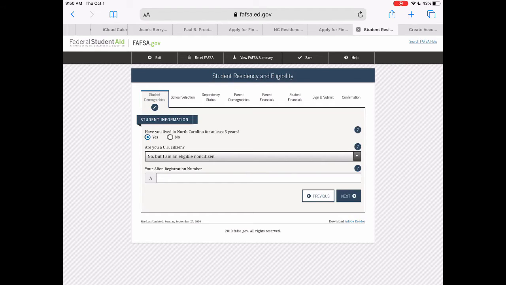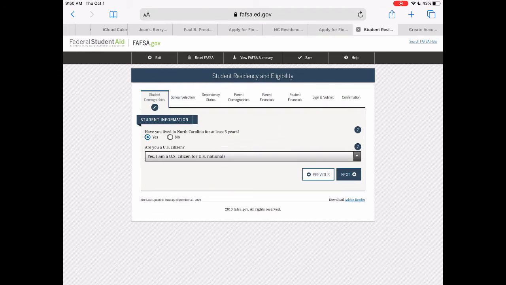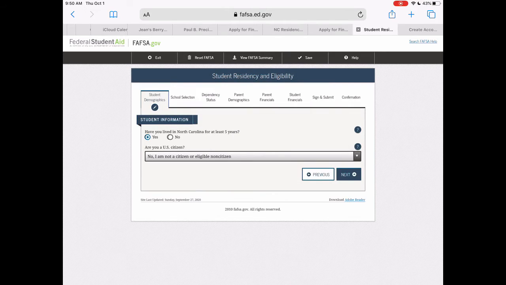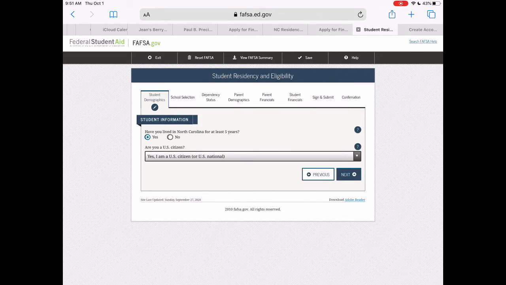So if that's you, you can say that and you'll put in your alien registration number. If you're a US citizen, you'll put that, and then non-citizen is somebody who might be undocumented or just doesn't have an alien registration number. But please see me if you're in that situation, because we can talk more about how to pay for college.